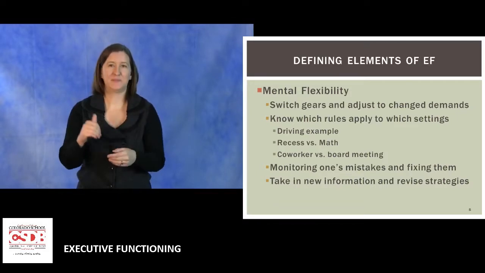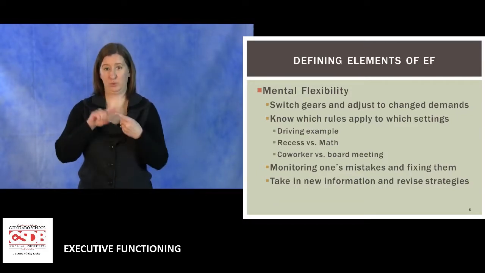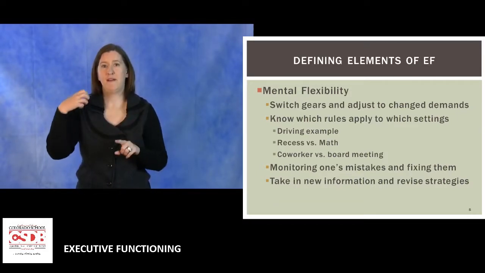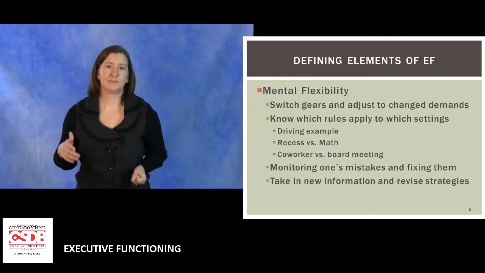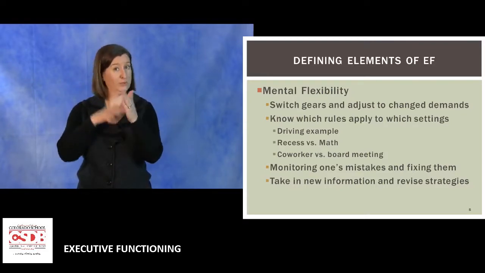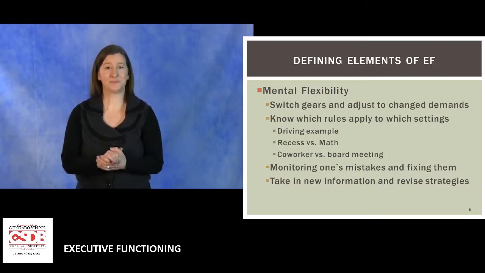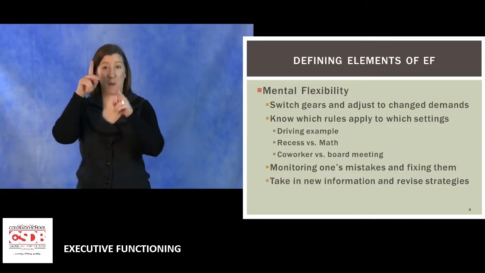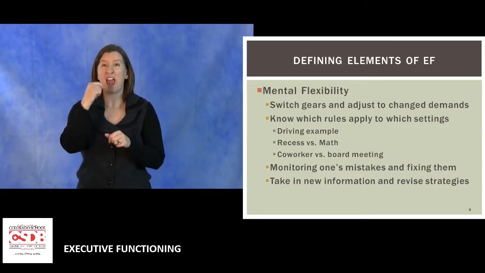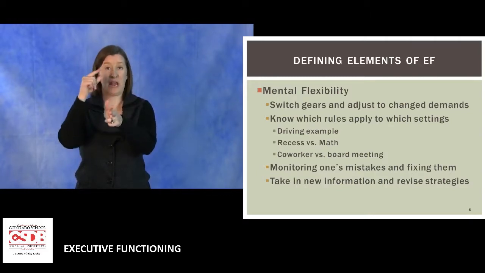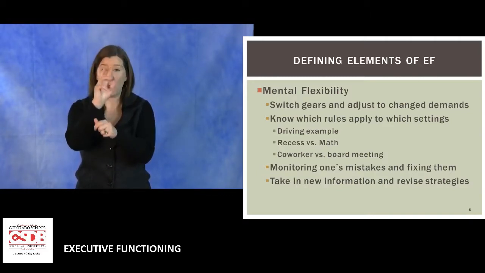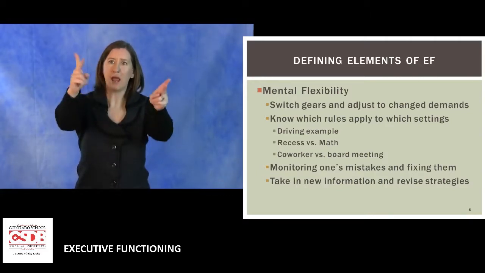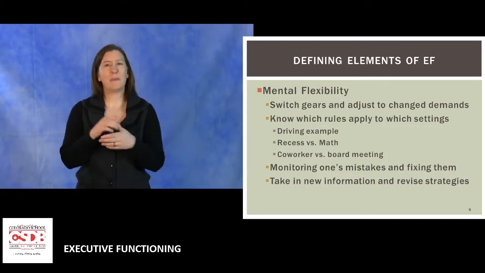So I'll use driving again as an example. When I moved to Colorado from the Washington, D.C. area, they have different rules for driving there. If a person at a red light doesn't go right away once it turns green, you have to honk. You say, "Hurry up, let's go."